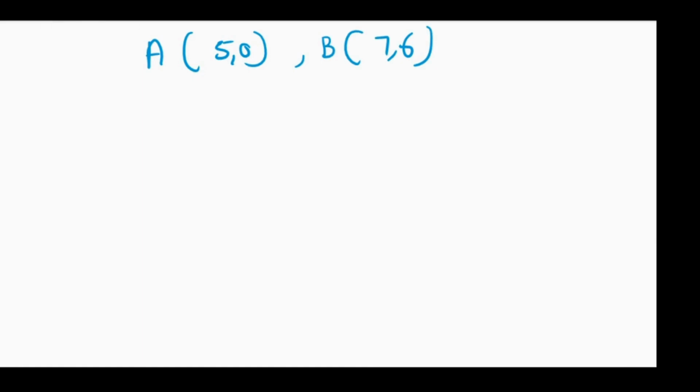To find the equation of these 2 points, let's first find the gradient of AB, which is y2 minus y1 over x2 minus x1, right? So let's say this is x1, this is y1, and this is x2, this is y2.